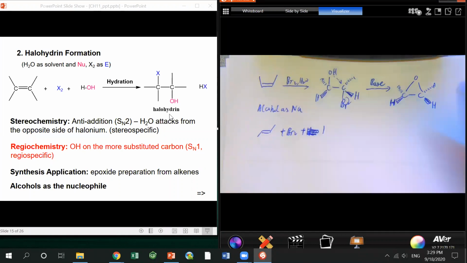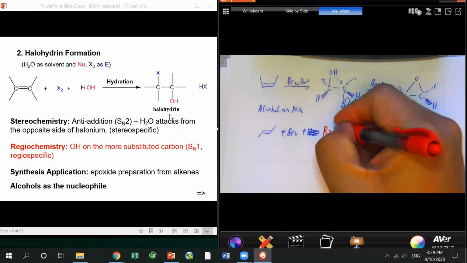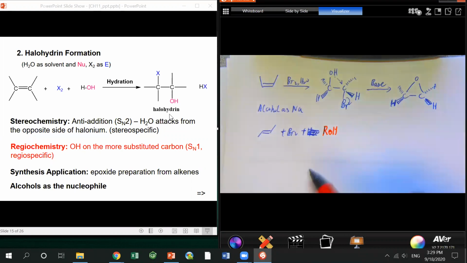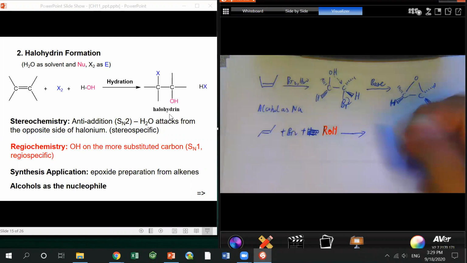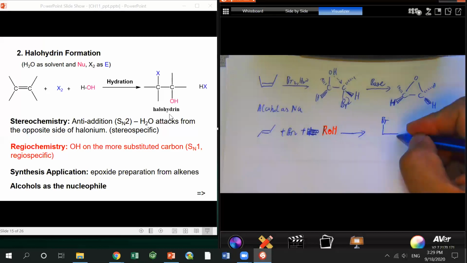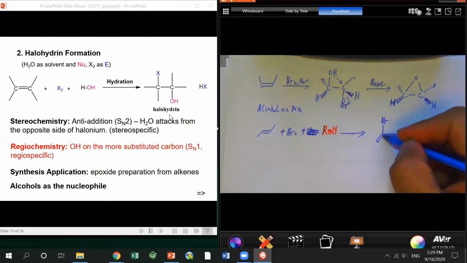So for the alcohol, instead of OH, you add OR onto the C=C bond. After the reaction, we do it this way, and this is the methyl group.